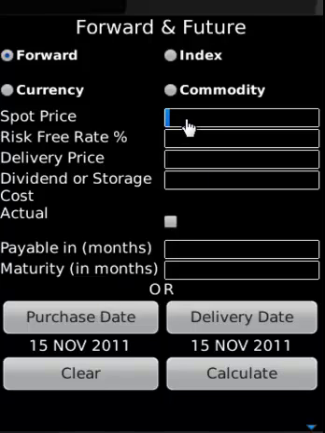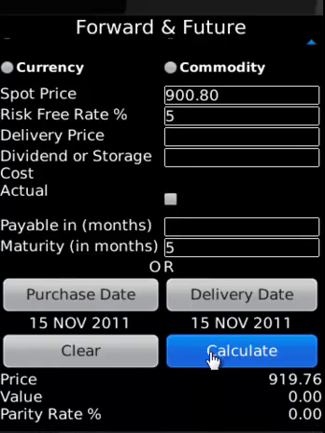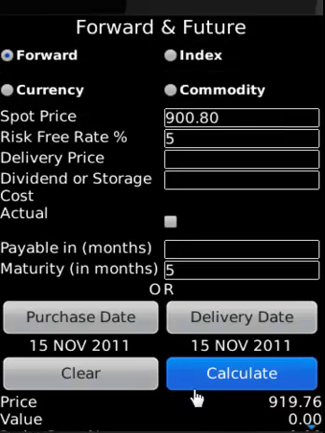Now let us perform one calculation. We are doing a forward calculation, and here the risk-free rate is 5% and the maturity is 5 months. So we're calculating the price and value and parity rate.